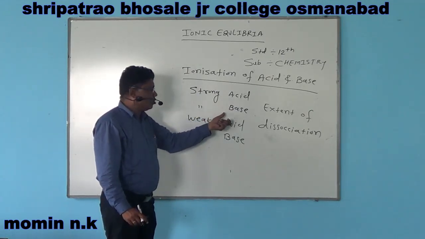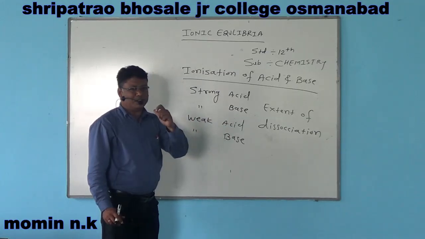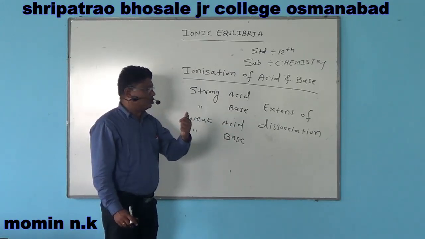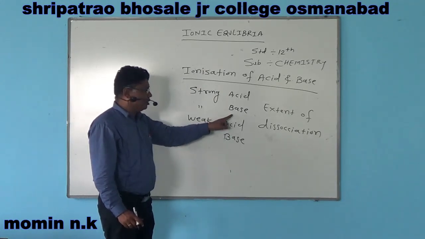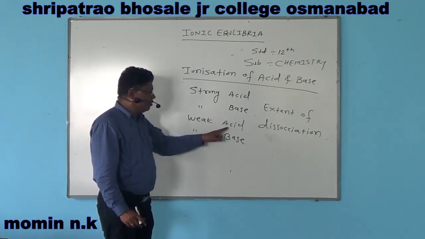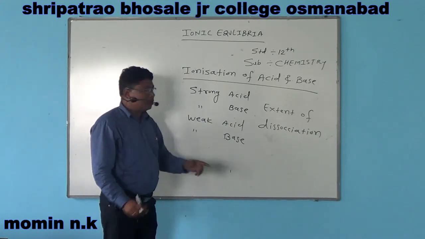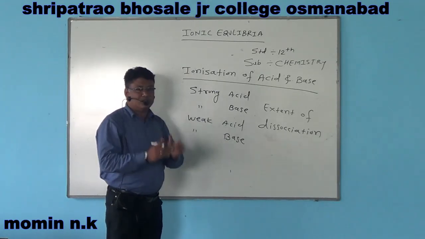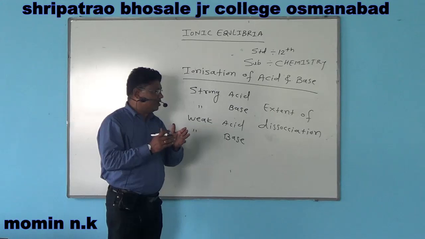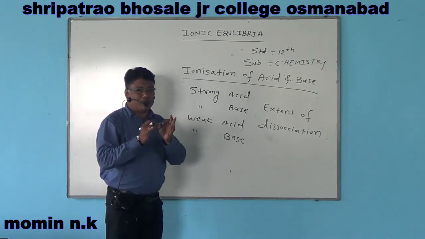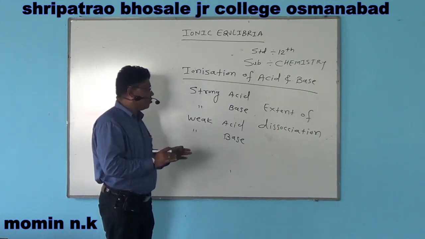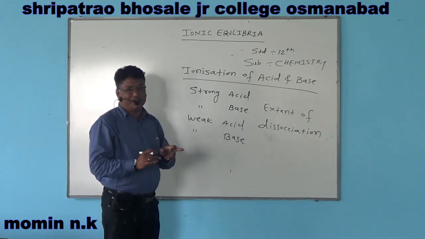What are called strong bases? Those bases which dissociate almost completely in water are called strong bases. And what are called weak acid and weak base? Those acids and bases which dissociate partially or to a very small extent are called weak acid and weak base.